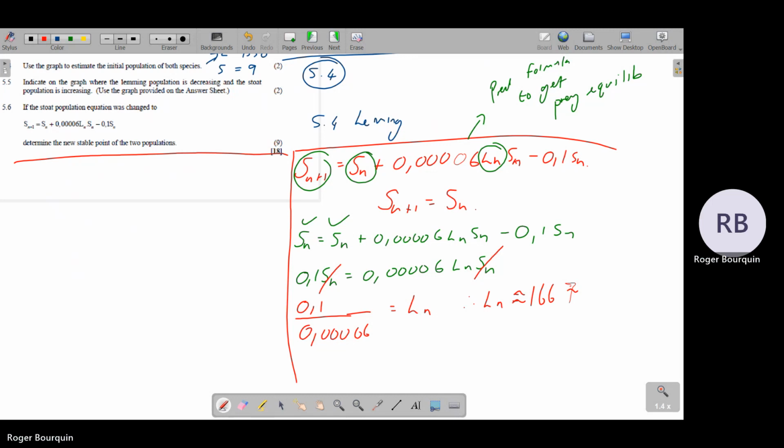So now, to get the equilibrium of the stoats, I have to use the other formula. To get the equilibrium of Sn, you're going to use the Ln formula. Go write down your Ln formula. That hasn't changed, just the stoat one has changed.